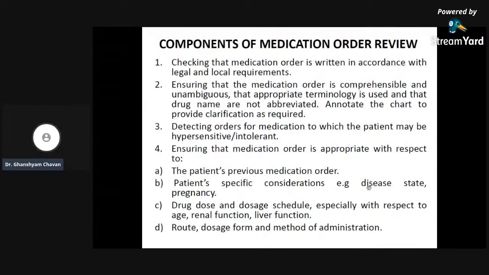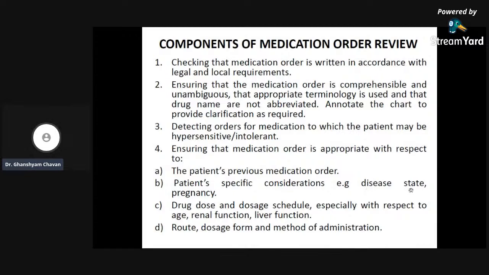Accordingly, hypersensitivity, or hypertoxicity, or hypothyroidism. So accordingly, what is the disease state, or very low weight, or high blood pressure, or high sugar level, or very low sugar level.